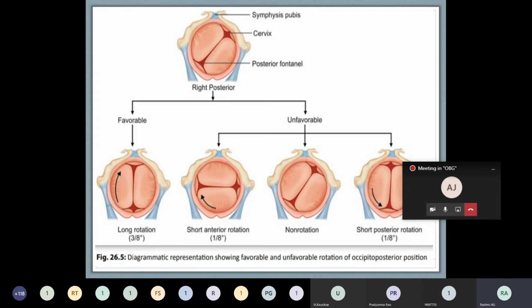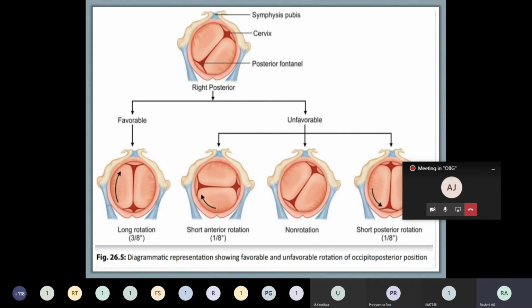In some cases there will be non-rotation, and if it is a spacious gynecoid or an anthropoid pelvis, posterior rotation occurs such that the occiput comes to lie directly in front of the sacrum, resulting in a direct occipitoposterior position, and with good uterine contractions, most often they deliver by face to pubis delivery, where the delivery occurs by flexion.